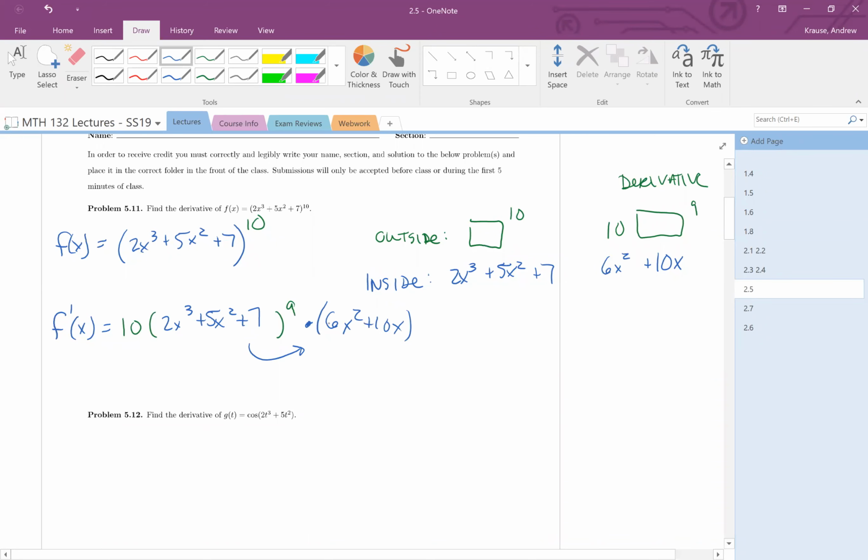And that's basically all we're going to do for this whole lesson, but we're going to do it in a lot of different ways and make sure we know what's going on, because this is probably the most complicated of the derivative rules, and this is the last of the derivative rules.